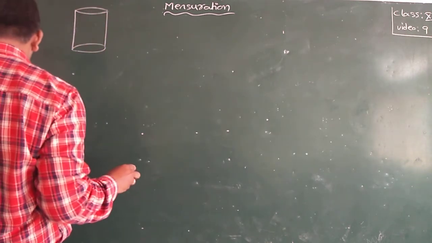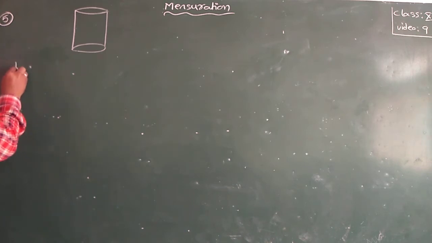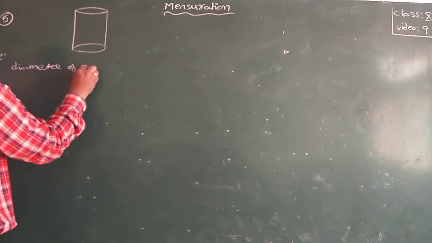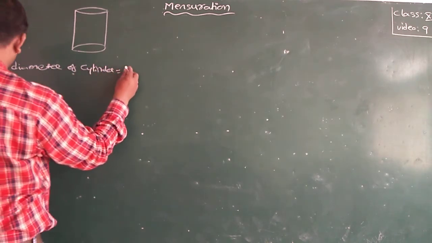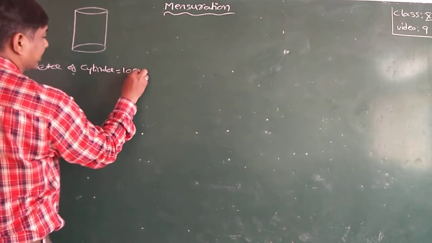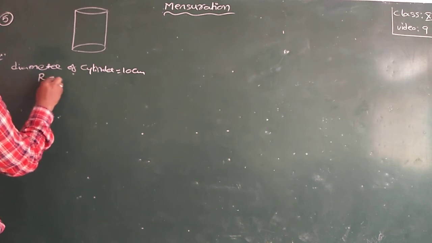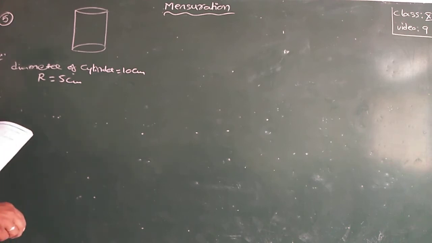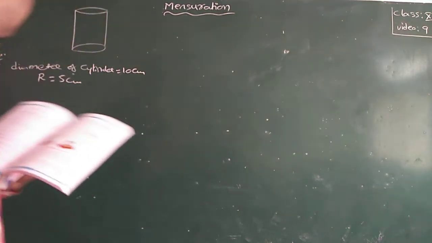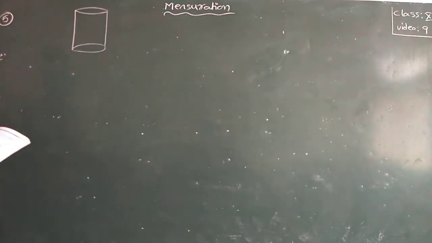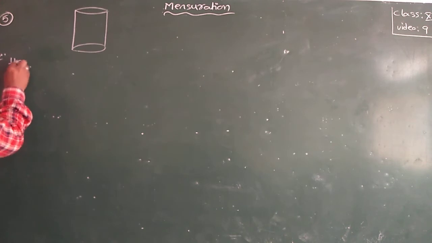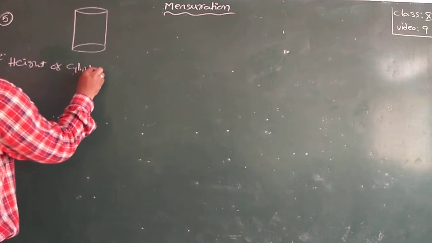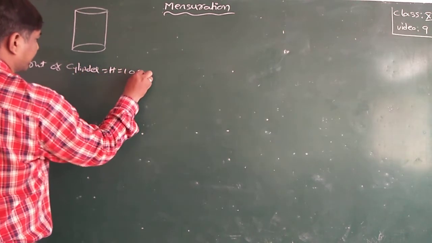Height of the cylinder, h, is equal to 10 centimeters.